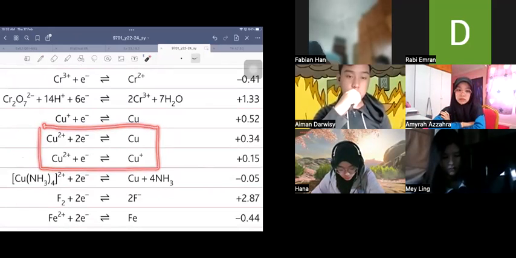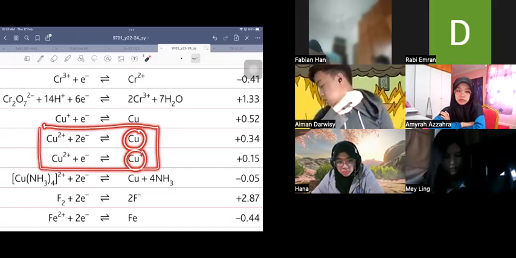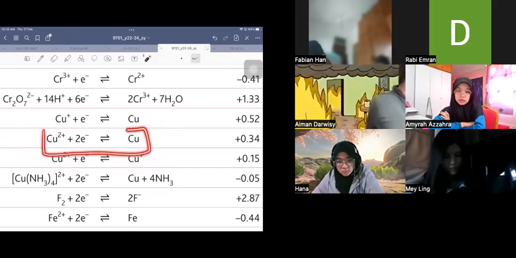So in this case, you will choose the one that gives out an element, which is your copper, not Cu plus. So that means we have to take the value for this half equation, which is plus 0.34.